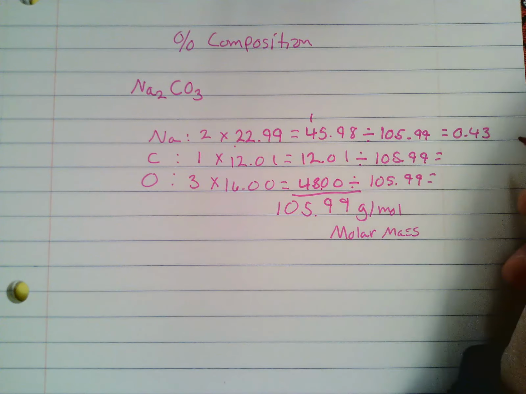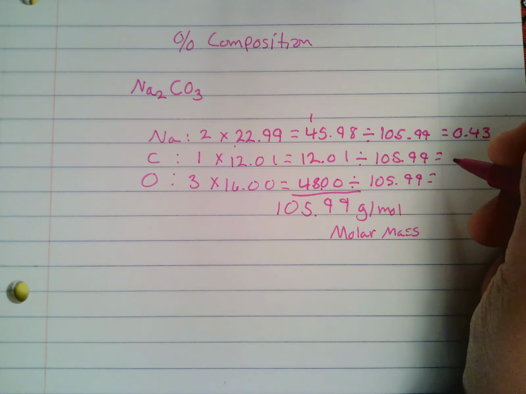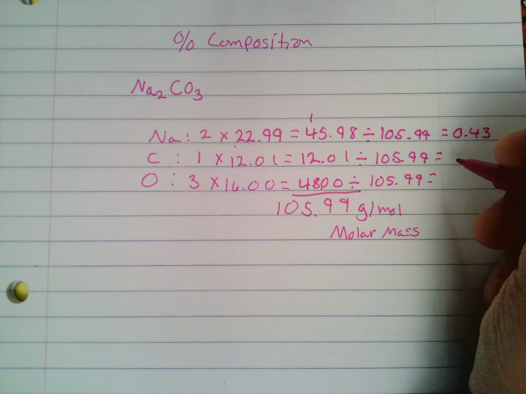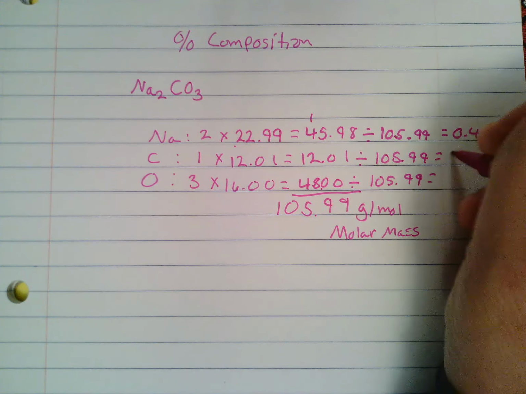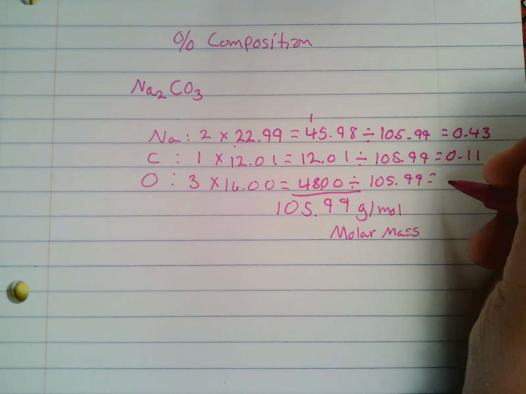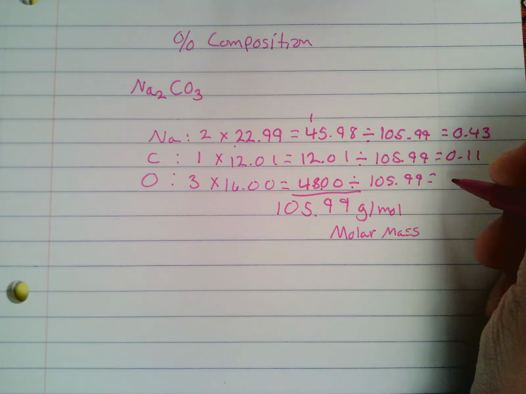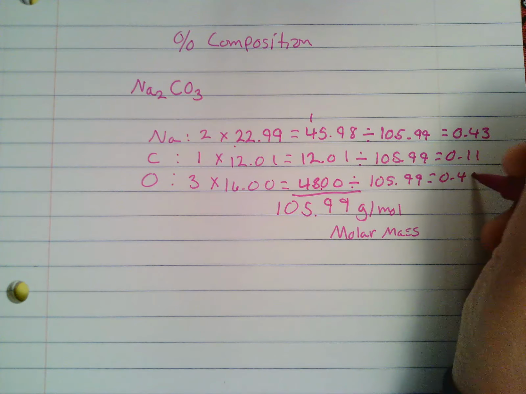Then 12.01 divided by 105.99 gives me 0.11. And finally, 48 divided by 105.99 gives me 0.45.